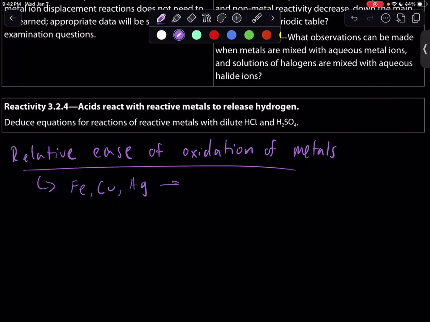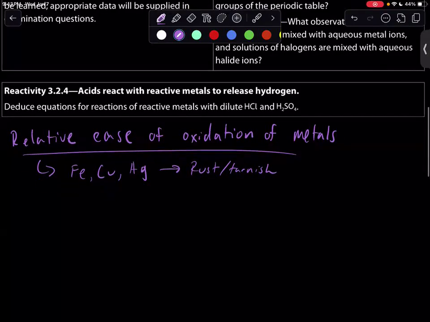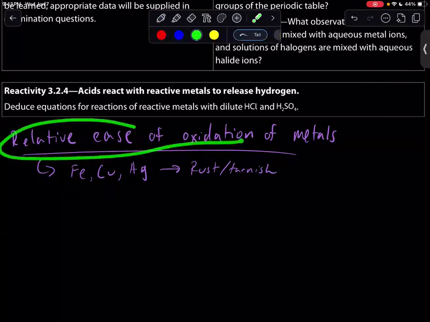You'll notice these rust or tarnish. And that's representing the oxidation reaction as they react with air. And so we can see that they are more likely to oxidize. Some metals are less likely to oxidize and do not rust or tarnish. And in those cases, those have a harder time oxidizing, or their relative ease of oxidation is harder.